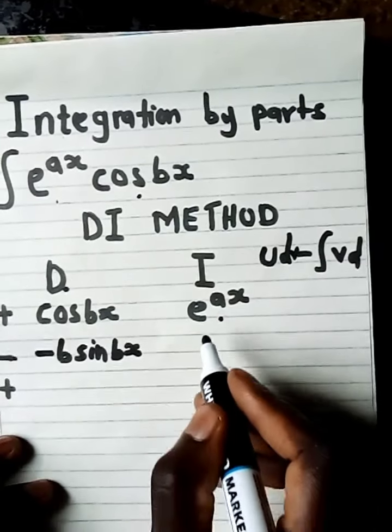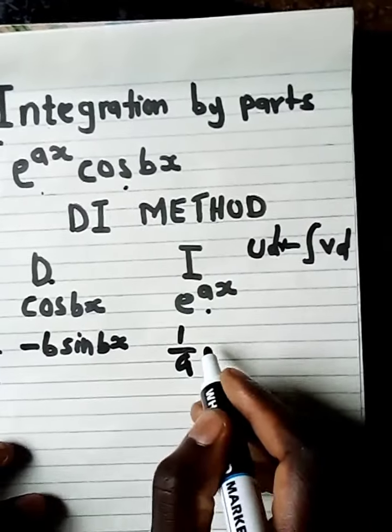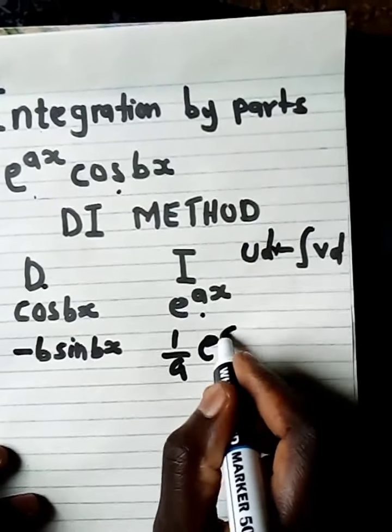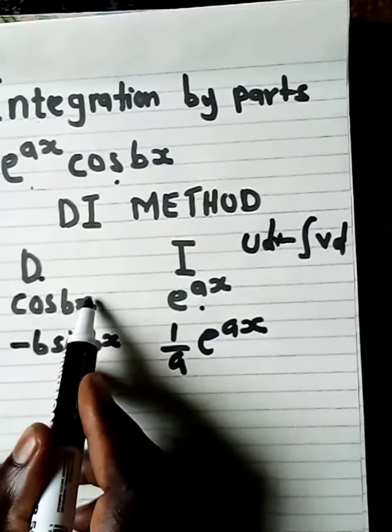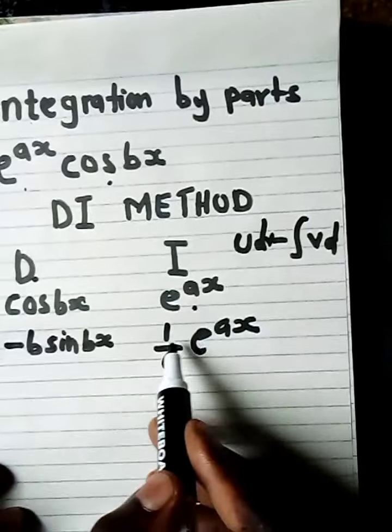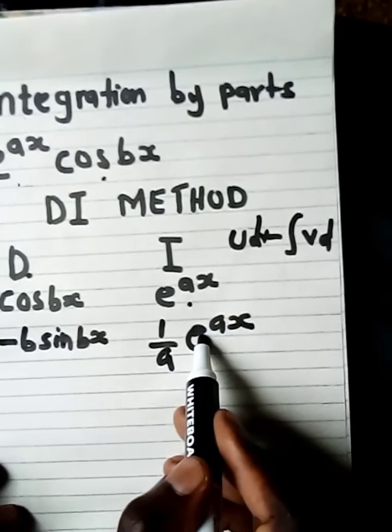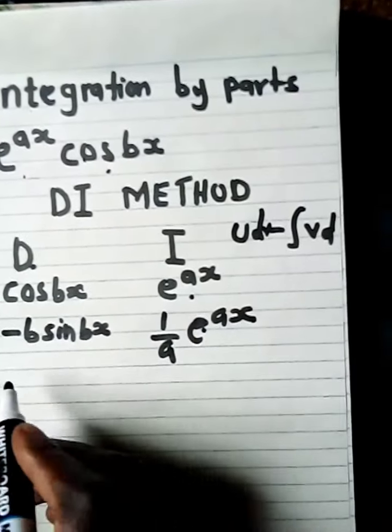Then if I integrate exponential ax, I'll be having 1 over a exponential ax. You can see this one, I'll be doing this, cross multiply u dv. And also this one is v du, is my integral part. If you look at this one, it's not the same as the function we have here. It means I proceed to another step.